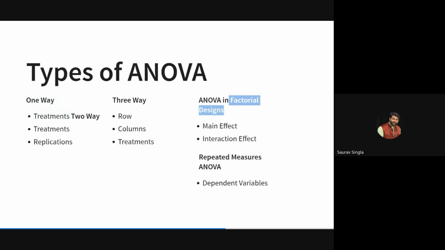Then he will need 9 groups, making the combinations: diet 1 and sleep cycle 1, diet 1 and sleep cycle 2, diet 1 and sleep cycle 3, diet 2 and sleep cycle 1, diet 2 and sleep cycle 2, diet 2 and sleep cycle 3, and diet 3 with sleep cycles 1, 2, and 3.